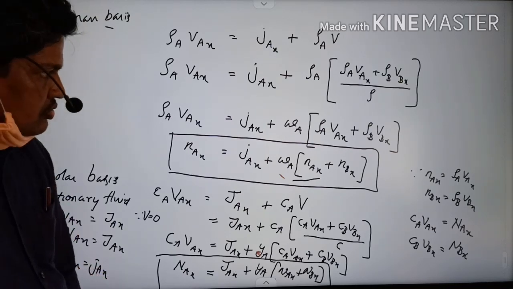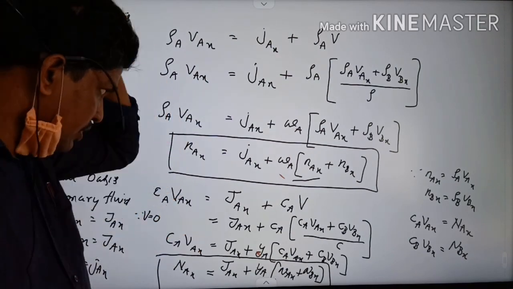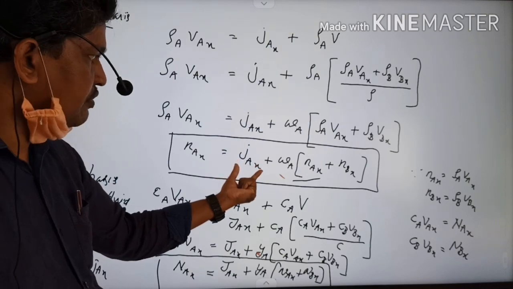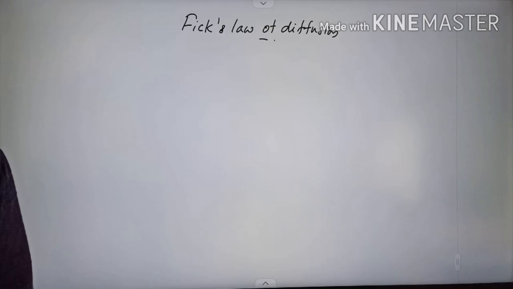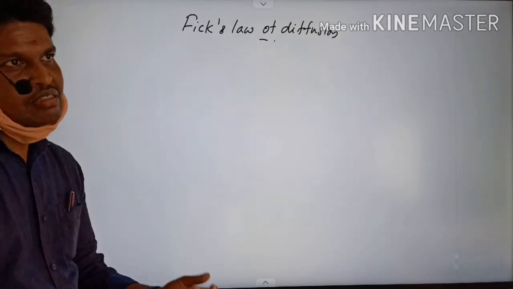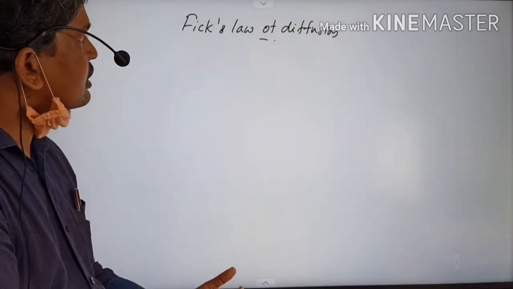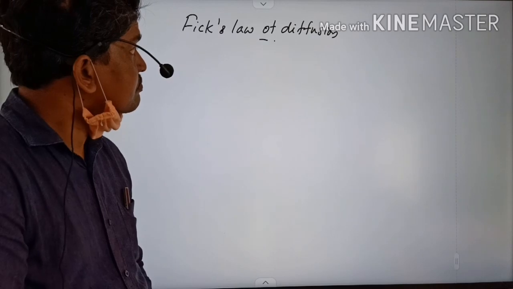Okay. So now there is a law which defines the diffusion flux. This law is known as Fick's law. The Fick's law of diffusion, the Fick's rate equation, can be expressed in many ways.